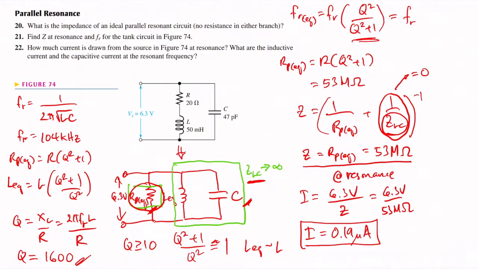So that's the current that we really want to solve. We know that at resonance, these two currents must be equal, because by being equal, these currents cancel each other out. And because they cancel each other out, the impedance becomes infinite.